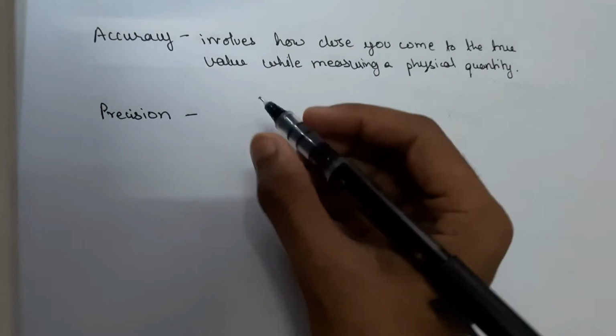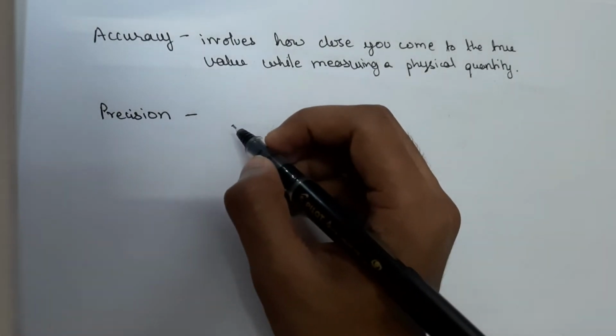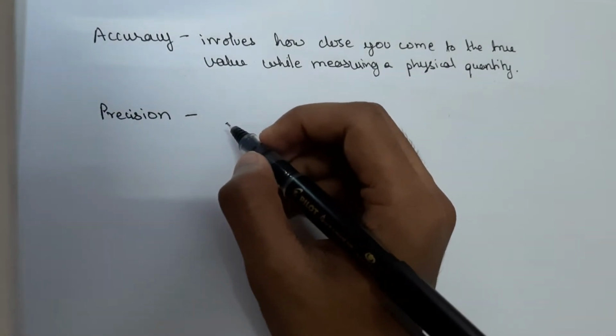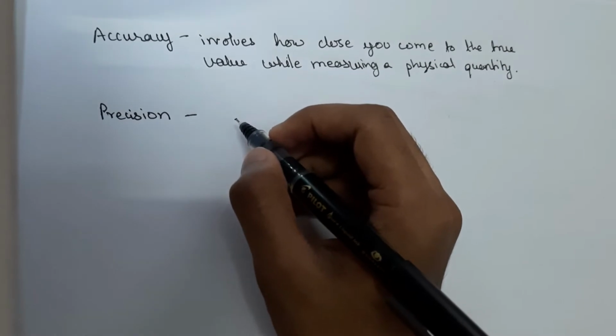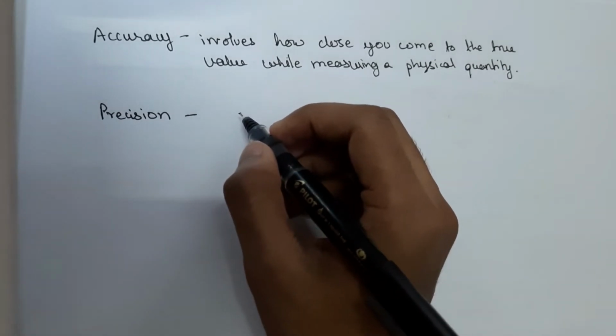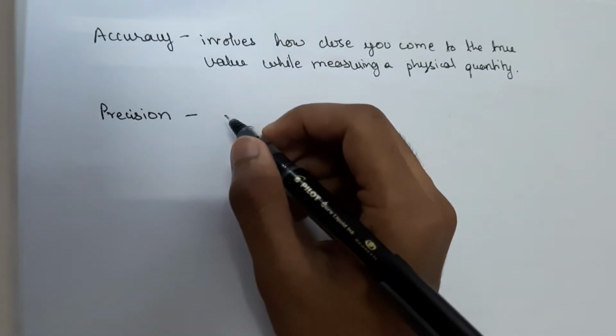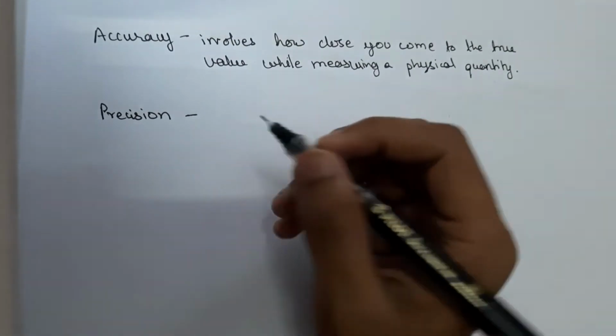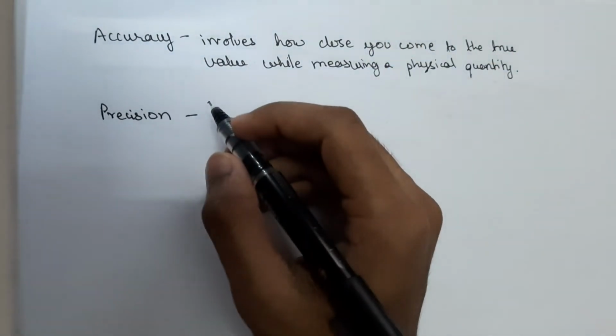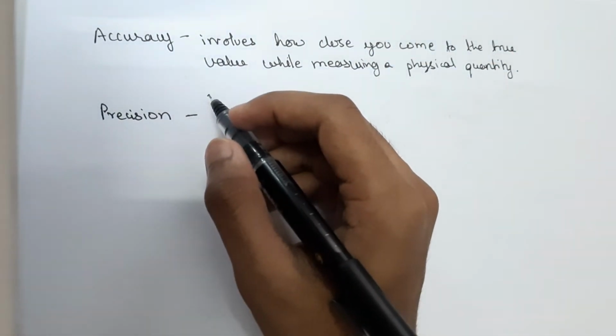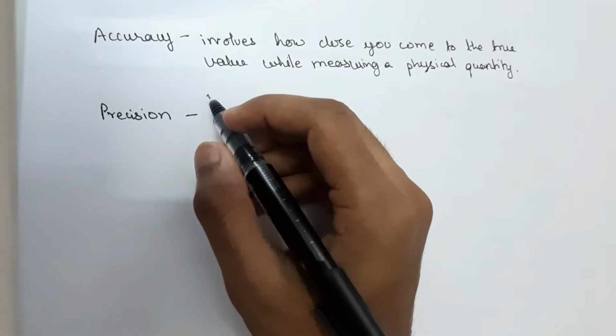Precision tells us how close the measured values are to each other. If you notice here, in precision we are not being told anything about how close or how far the measured value is to the true value. We are just talking about how close they are to each other.